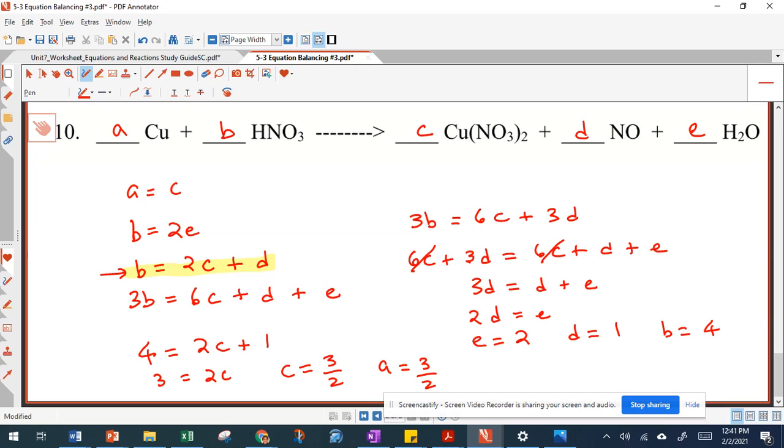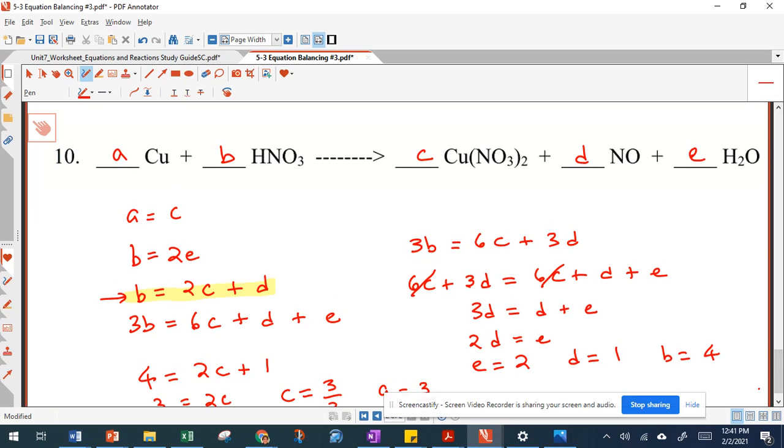So now I have a number for each one of my variables, and I'm going to plug that into my equation. So I know that A is equal to 3/2, B is equal to 4, C is equal to 3/2, D is equal to 1, and E is equal to 2.